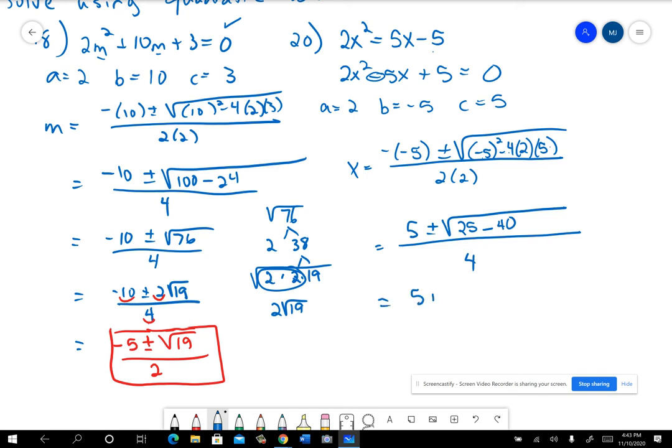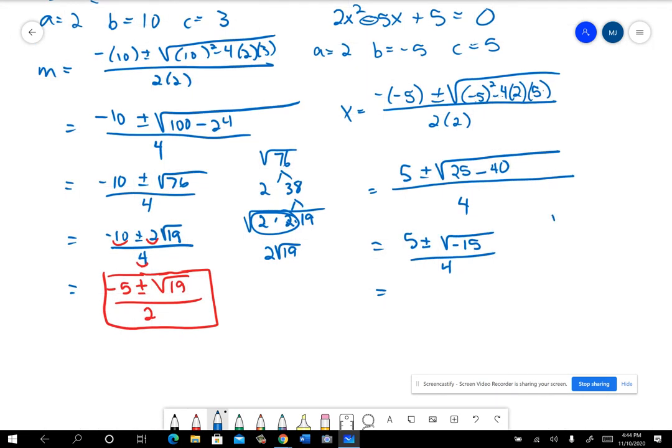So I have 5 plus or minus the square root of negative 15 over 4. Okay. I'm thinking about that negative 15. I know the negative means it's going to have an i, because that's the square root of negative 1. So I'll replace that with i. But 15 only breaks down into 1, 3, and 1, 5.